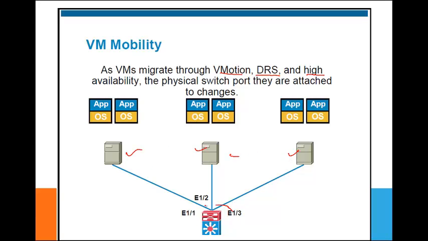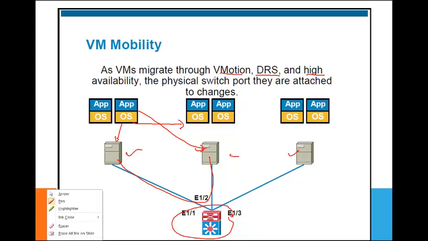If CPU utilization is going beyond the threshold, it moves from here to here. How? Not magically through wireless. Anyway, it has to go through this. It is moved, and it will start running here with the help of this physical switch.